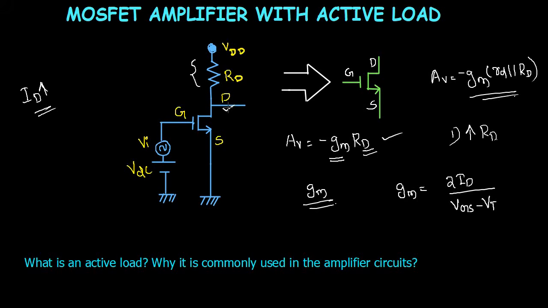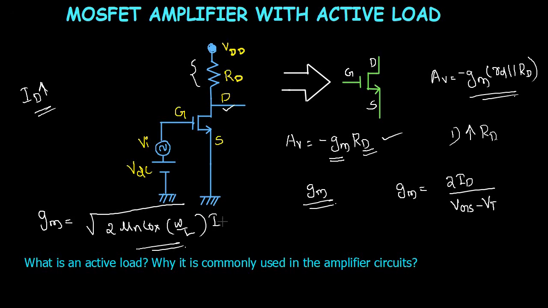On the other hand, we can keep ID as it is and increase W by L. We know the equation for transconductance: gm is root of 2 mu n Cox into W by L into ID.